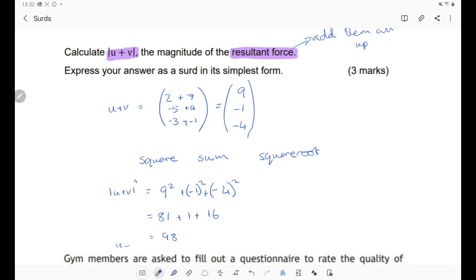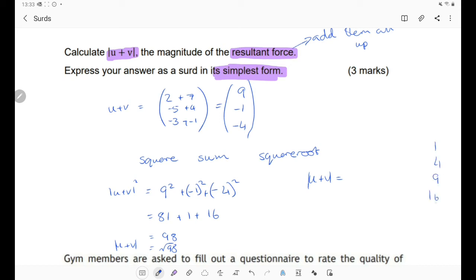The magnitude by itself is going to be the square root of 98. But, in its simplest form, they've been really clear about that in the question. What is the simplest form of 98? Write your squared numbers.